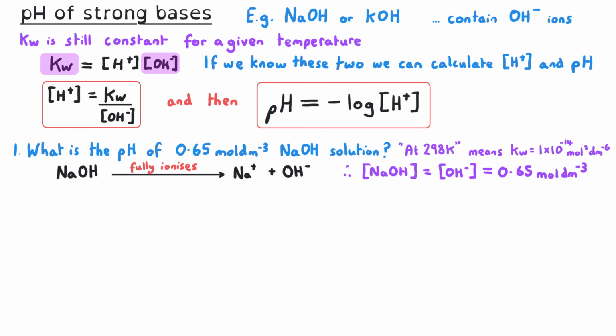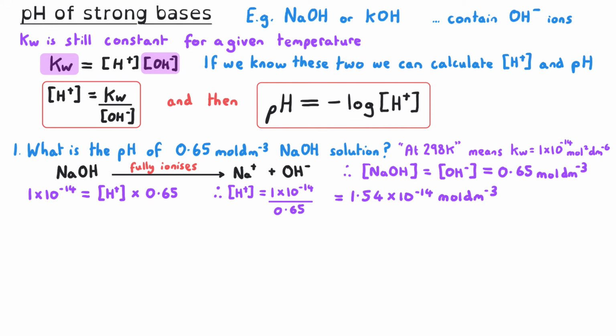And so what we need to do is 1 times 10 to the minus 14 is equal to H plus multiplied by 0.65. And so that means that the hydrogen ion concentration is 1 times 10 to the minus 14 divided by 0.65, which gives us a value of 1.5 times 10 to the minus 14. Then when we negative log this hydrogen ion concentration, we get 13.81 as our pH.